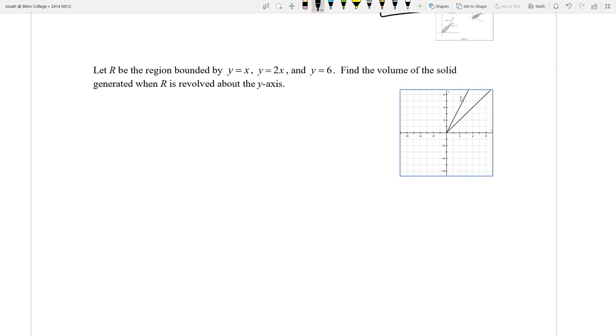So this is going to be y equals 2x, which means that this one is y equals x. And lastly, y equals 6. So we're taking this horizontal line here, y equals 6. So this is our region in between all those guys. Find the volume of the solid generated when R is revolved about the y-axis.